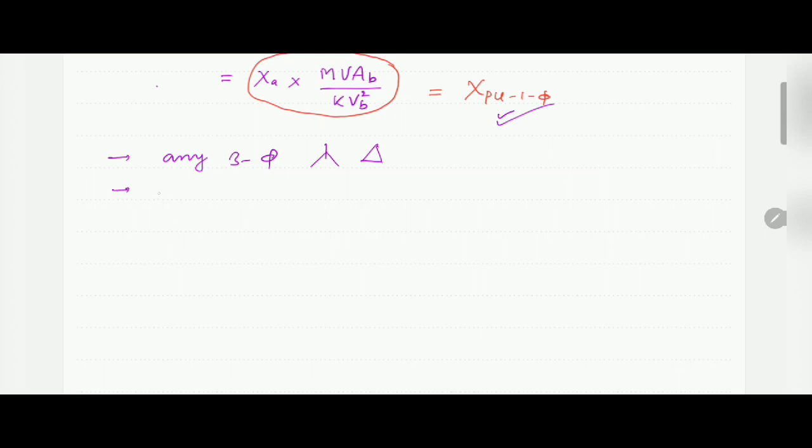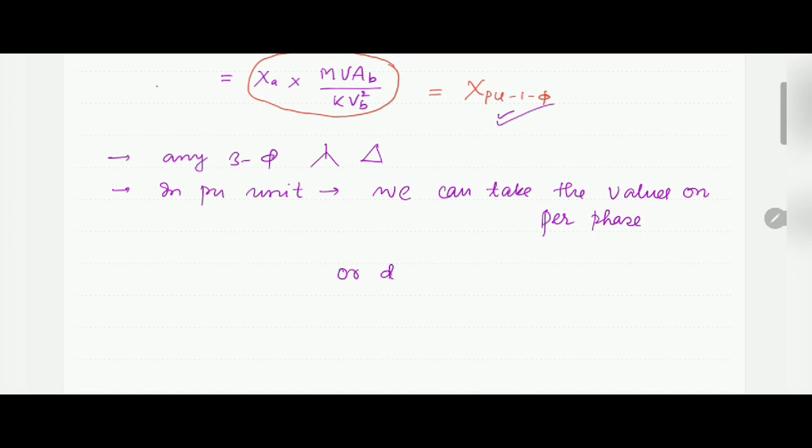Further, in per unit we can either take the values on a per phase basis, or directly take three phase values.